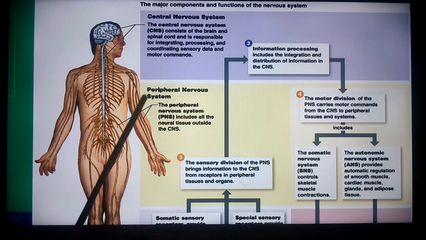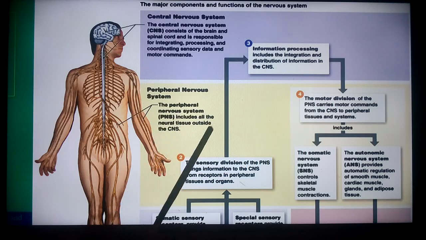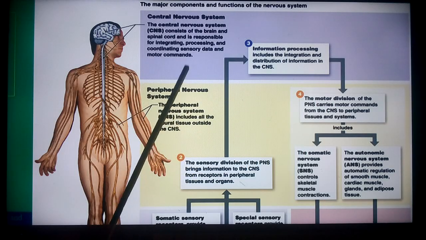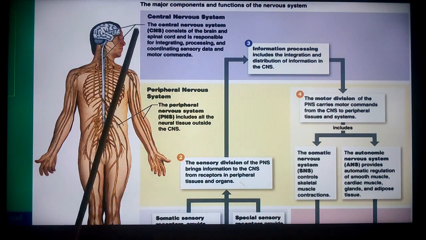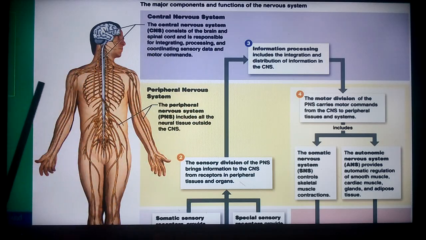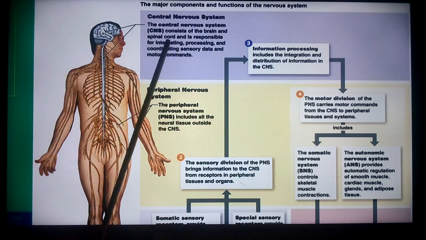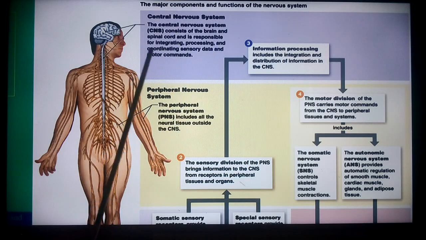Now we can see that the peripheral nervous system constitutes all the neural tissues outside the central nervous system. From this basic structure of the body that I've given, the whitish part constitutes the central nervous system, while the yellowish part is basically some branches of the nerves. Generally, we can give the function of the central nervous system as a center where there's coordination of information, which includes integrating, processing, and giving sensory and motor commands.